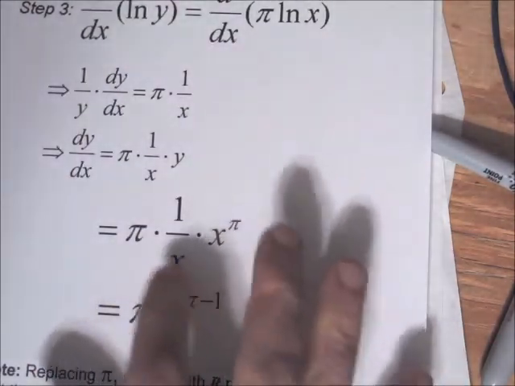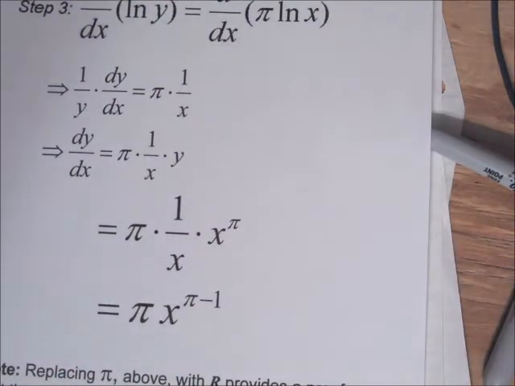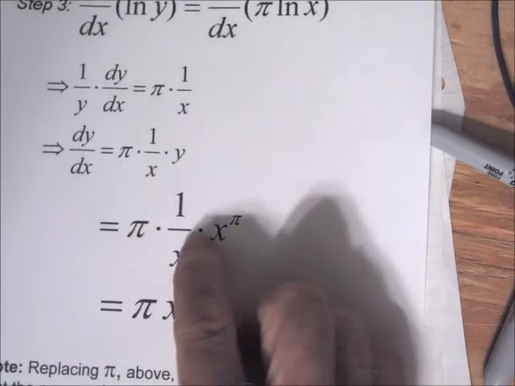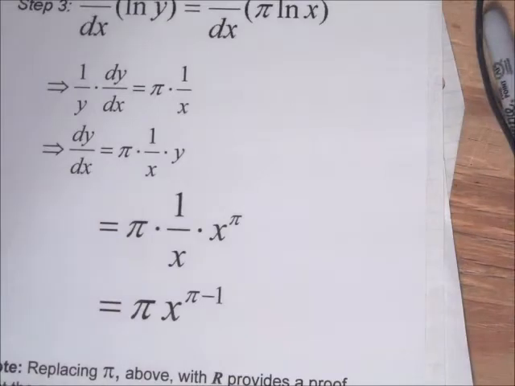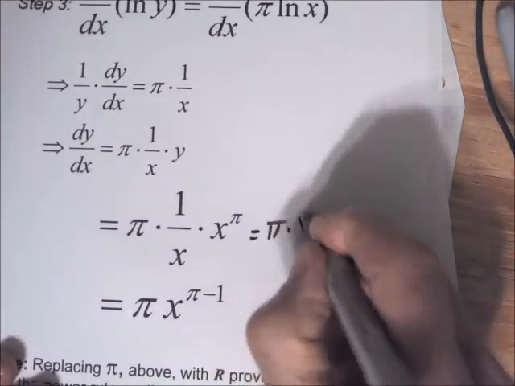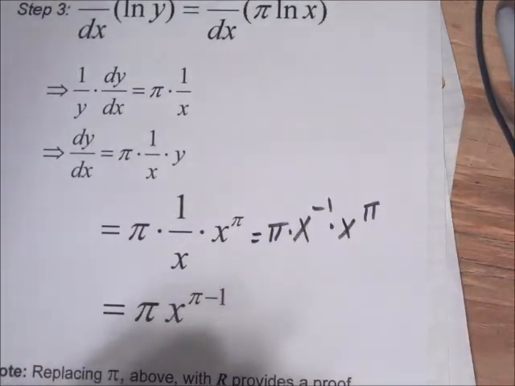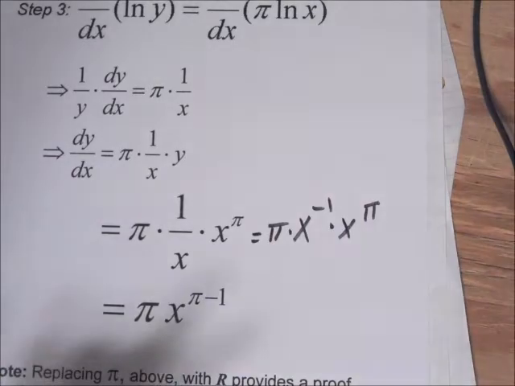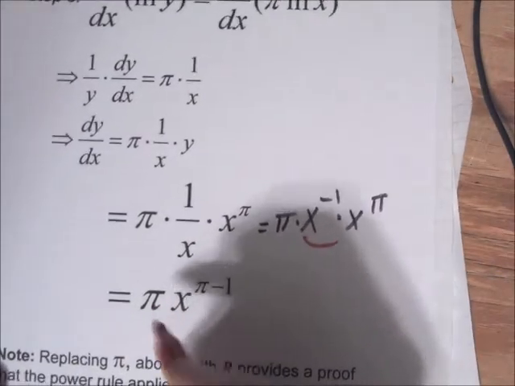You get dy/dx is pi times 1 over x times x to the pi, and 1 over x is the same as x to the minus 1, so this is equal to pi times x to the minus 1 times x to the pi. So you can combine these two terms here, negative 1 plus pi, or pi minus 1, so that the exponent becomes pi minus 1.